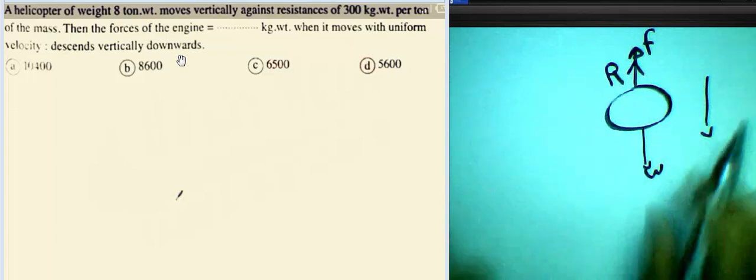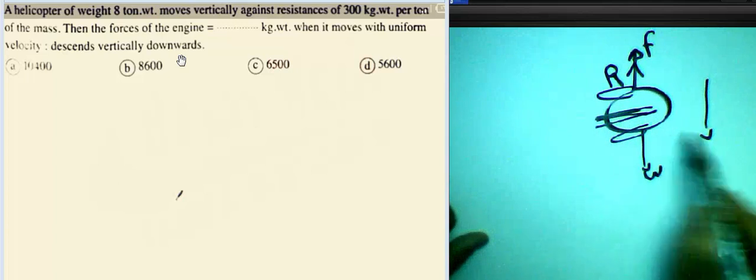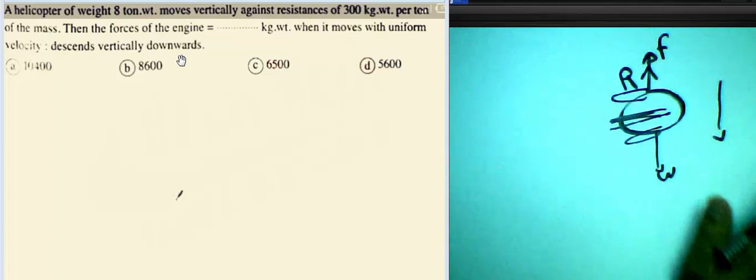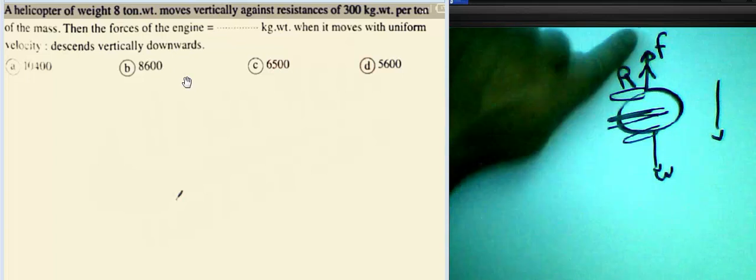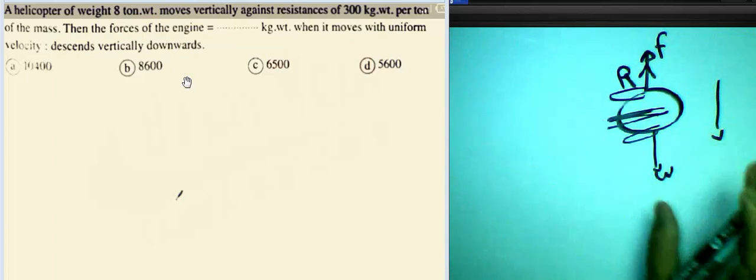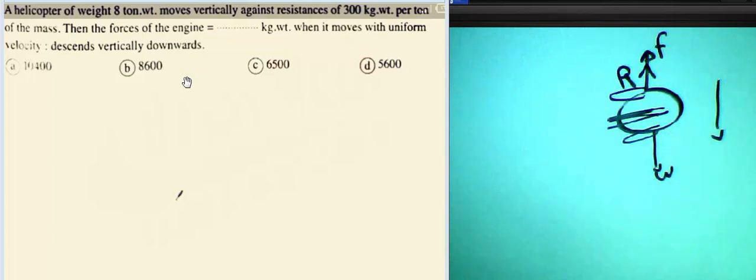In any example about a helicopter, the force is all the time up. If he tells us vertically downwards or upwards, the force will be up. Okay, don't forget this. It's very easy. Don't change the force here.